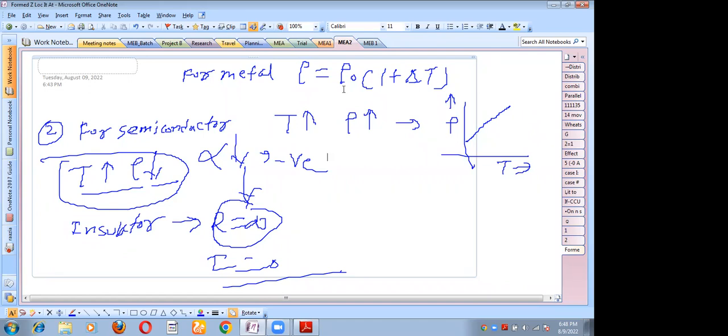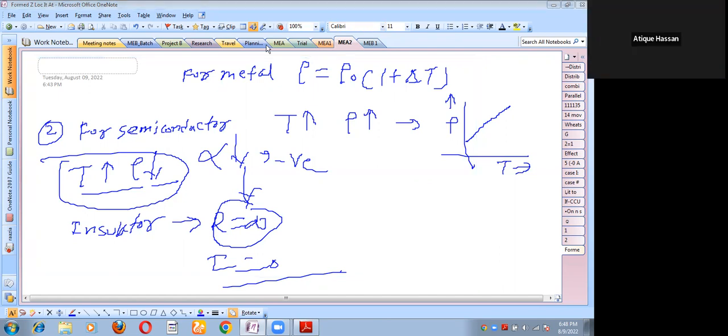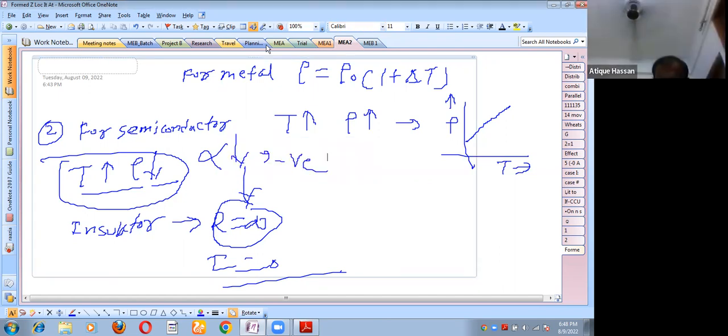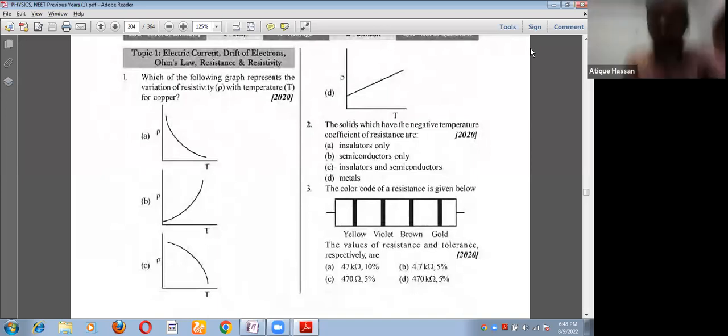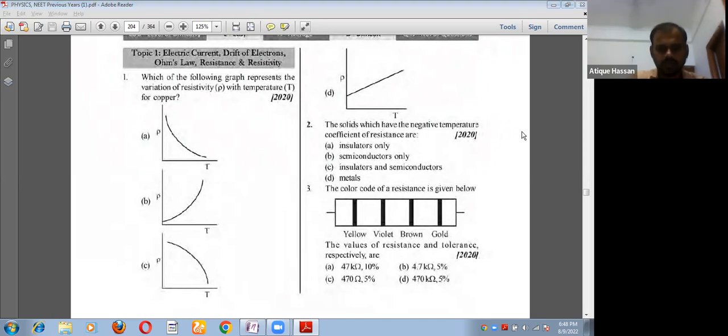So no question of variation, right? So now tell me what should be the correct answer. All right, correct. B should be correct. So B is the correct answer, right? Semiconductors.